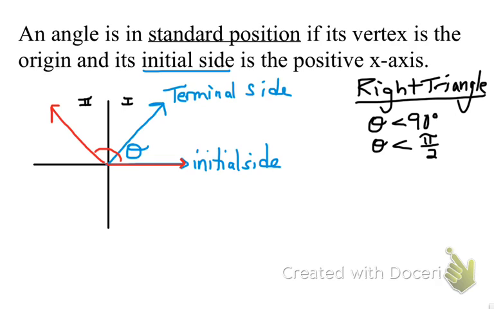We can extend angles into the third quadrant down here, and an angle that extends into the third quadrant might look something like this. And now this angle extends beyond even 180 degrees, beyond pi radians, into the third quadrant, and of course we can do that for the fourth quadrant as well. The circular definition of angles gives us a much broader range of angles than right triangles do.